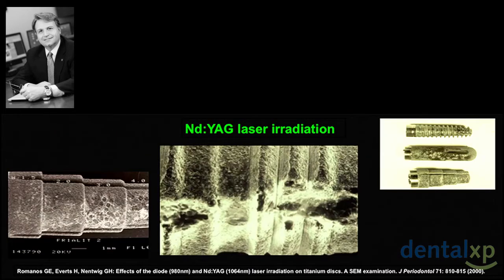And now, if you want to take photos, please take this photo. Because people ask me, oh, this has never been published in English, and this has been published in the Journal of Periodontology, a high impact factor journal from the AAP in the year 2000.